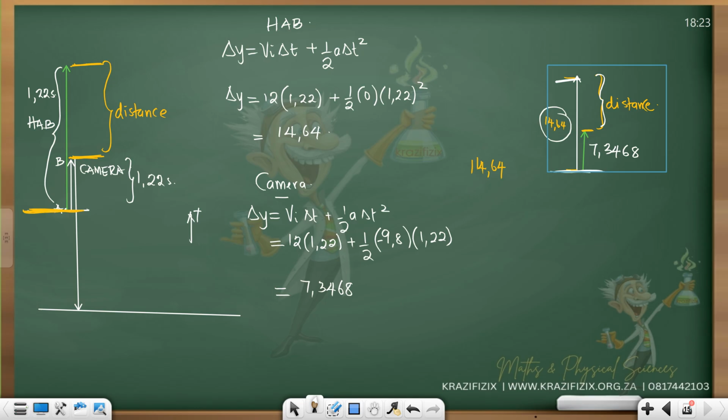Daisy, in this case, you should use the rounded off time. You take the final answer from the previous question and carry on. The only time we don't round off is if I am within a calculation. You see, like here, I am within. So the standard of physics is we got our first answer, 1.22. Take that answer and work with that one.